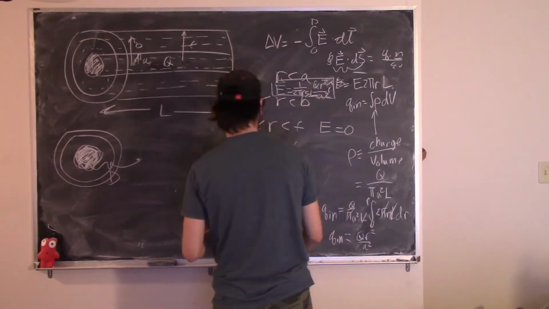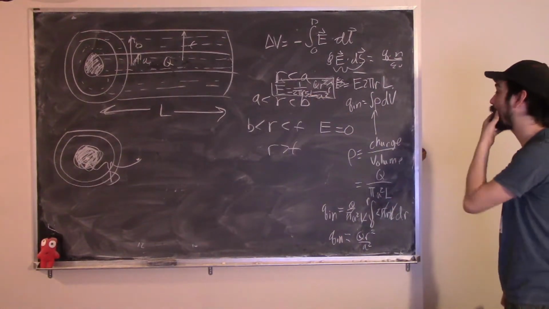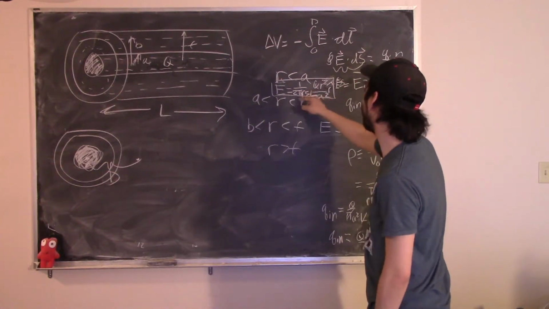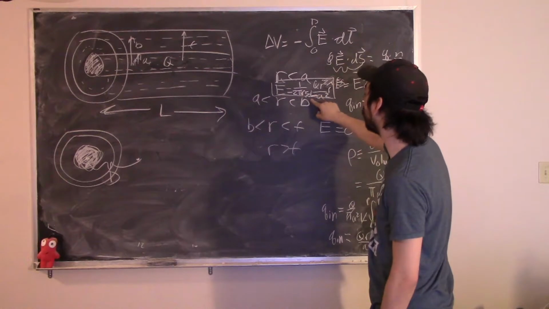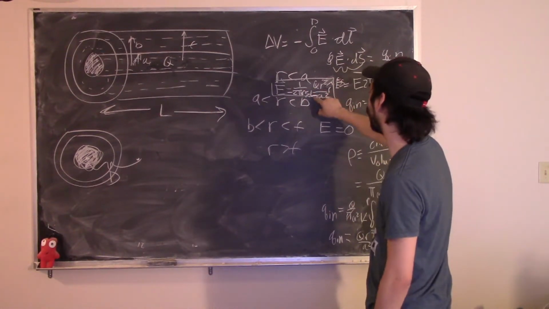I need a factor of L here. This L needs to be over here. Yeah, that's what happened. And you can see that that's the case because the dimensions of the denominator ultimately need to be r squared. So r times L gives me a meter squared. Yeah, so I was missing a factor of L here.